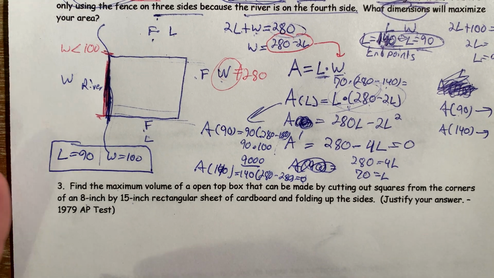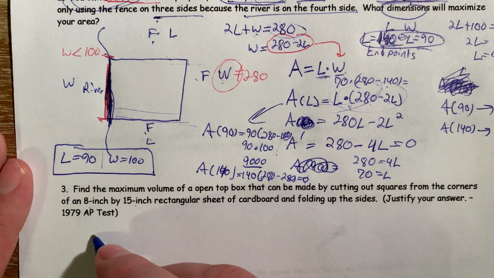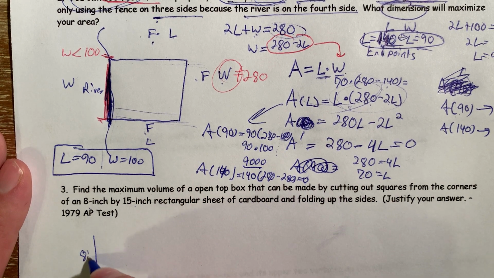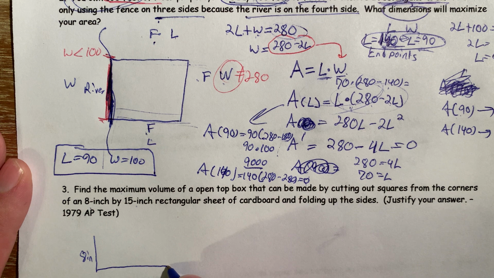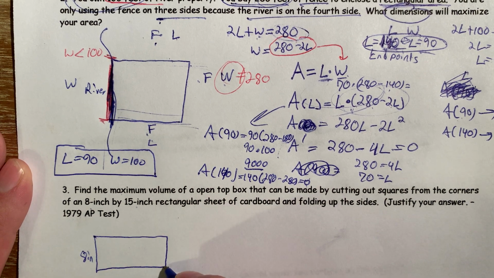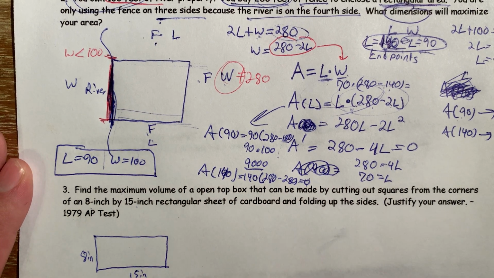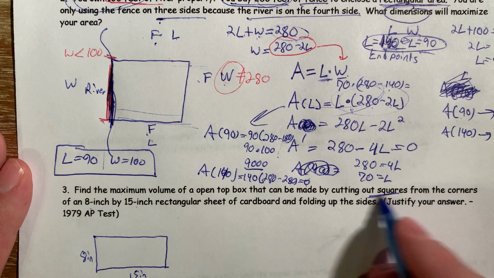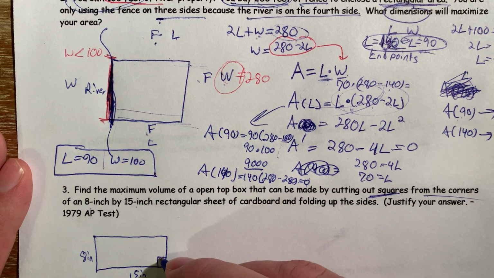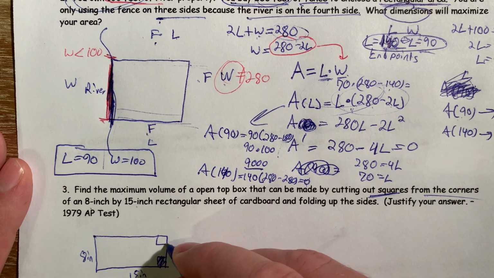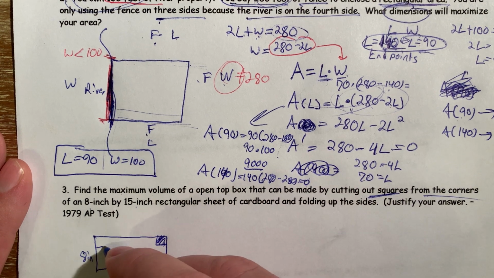So what you should have said is we're taking an 8-inch by 15-inch rectangular sheet of cardboard, and we are cutting squares from the corners and folding up the sides.